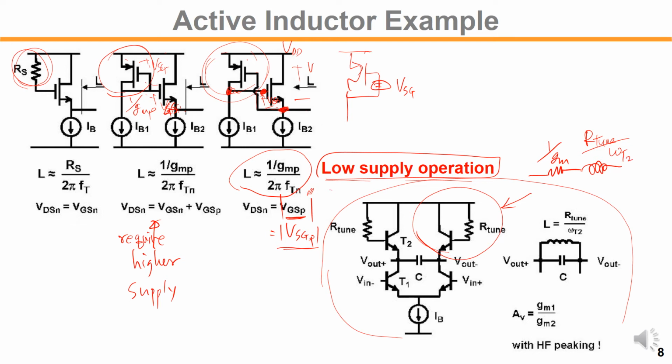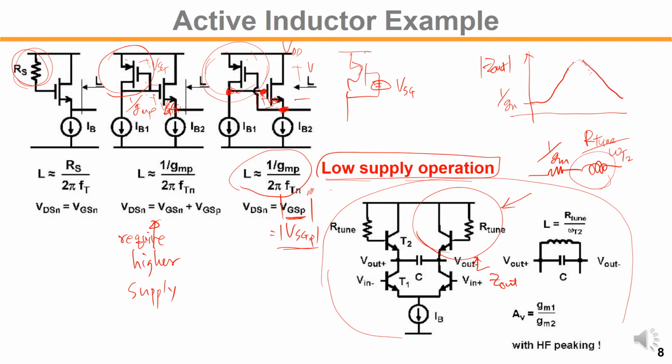So they can be used for high frequency peaking, right? If you look at the output impedance, the single-ended equivalent Zout will be 1 over gm at low frequency, but at high frequency it goes up because of the inductive component.